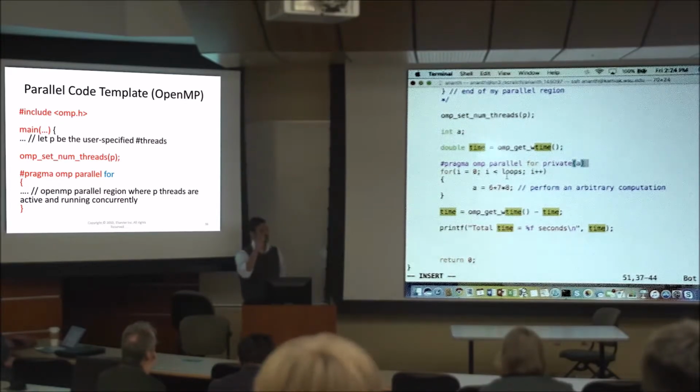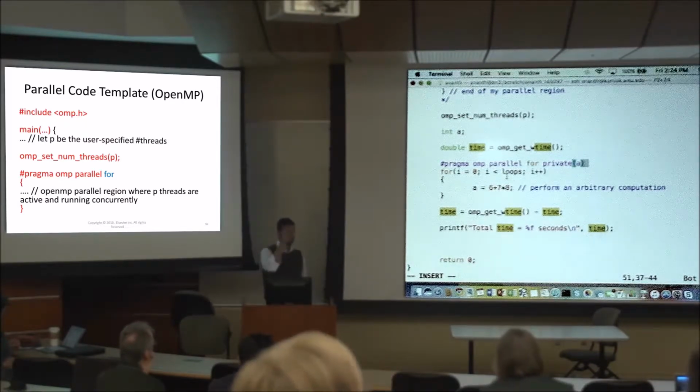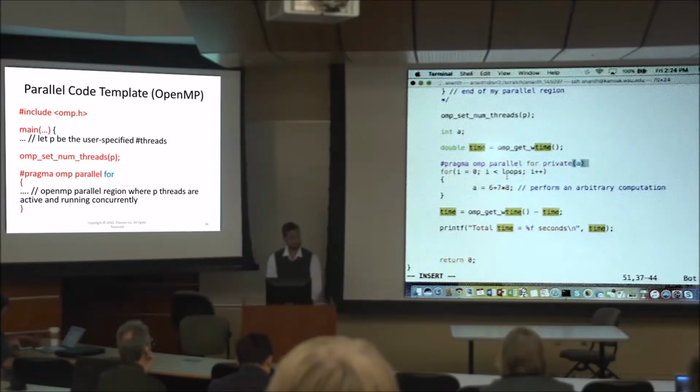So it's not that each thread gets a separate copy, but each iteration gets a copy. Because each iteration is executed by exactly one thread, it becomes a private scope. Make sense? So that's all I did.